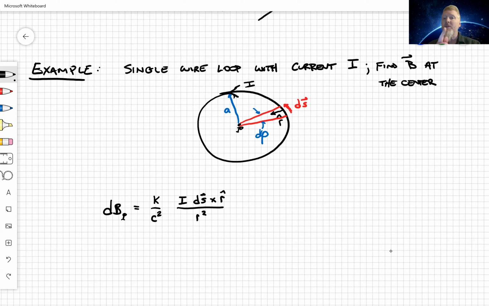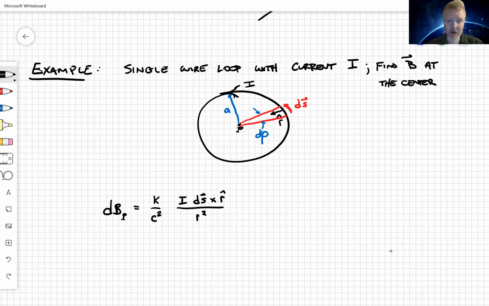Note that ds cross r hat is a 90-degree angle in this case. So all our worries and fears are allayed because ds is tangent and r is a negative radial vector, right? ds is tangent and r is radial. They're always at a 90-degree angle, and therefore the field is again coming out of the page towards you.